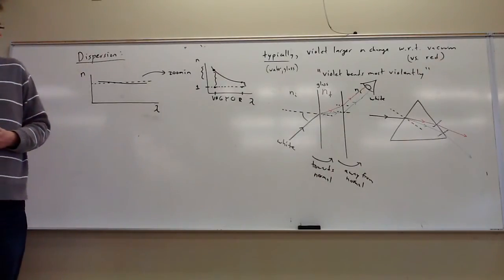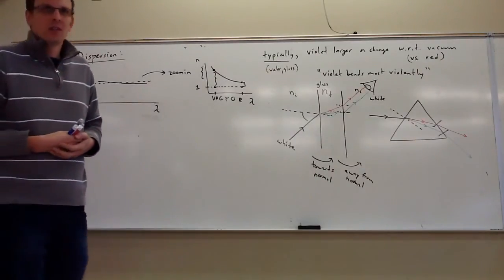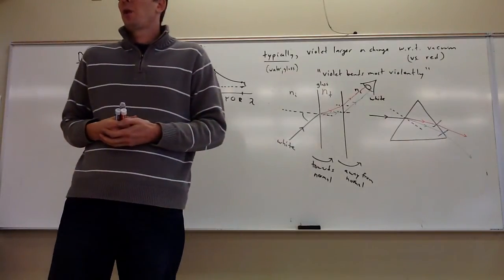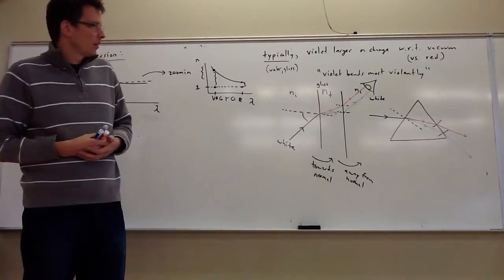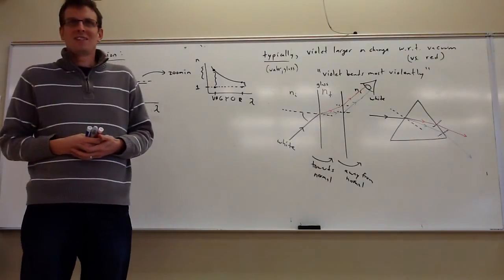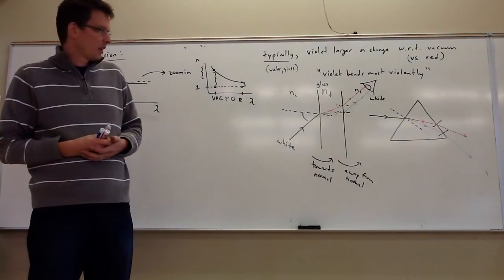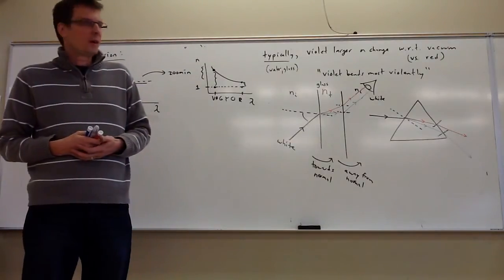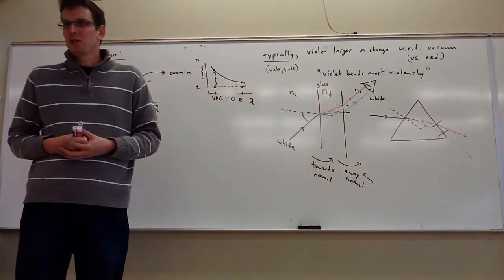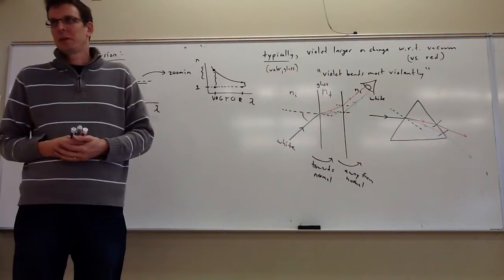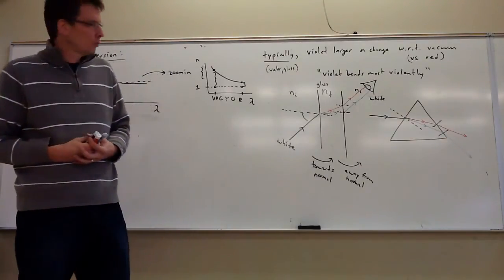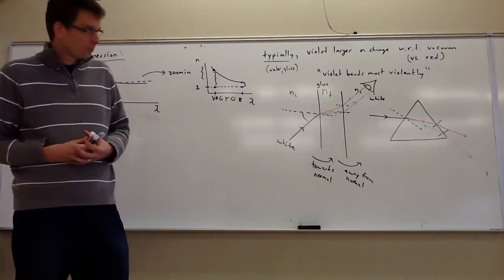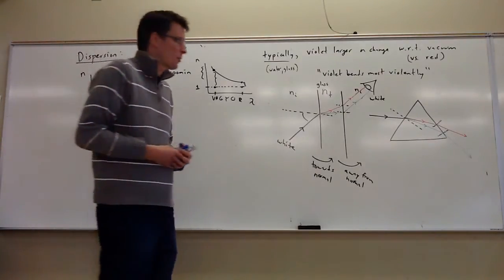Now, notice how we manipulated the geometry here. When they were on the way into this thing, bending toward the normal was downward, toward the base of this thing. And on the way out, bending away from the normal was also downward, toward the base. So we're driving a progressive wedge between these two colors by manipulating the geometry.